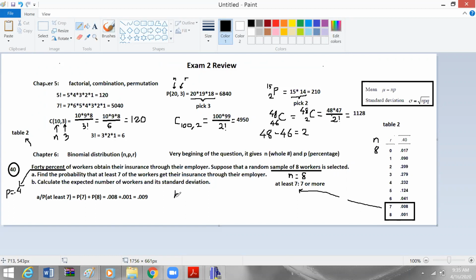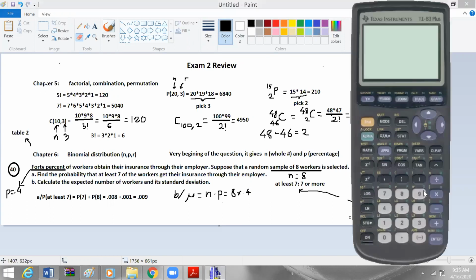So for part B, the mean equals, we can see the formula of the mean equals N times P, correct? So the N in this case was 8 and the P that we have is 0.4. And then we just compute this. We're going to take 8 times 0.4.